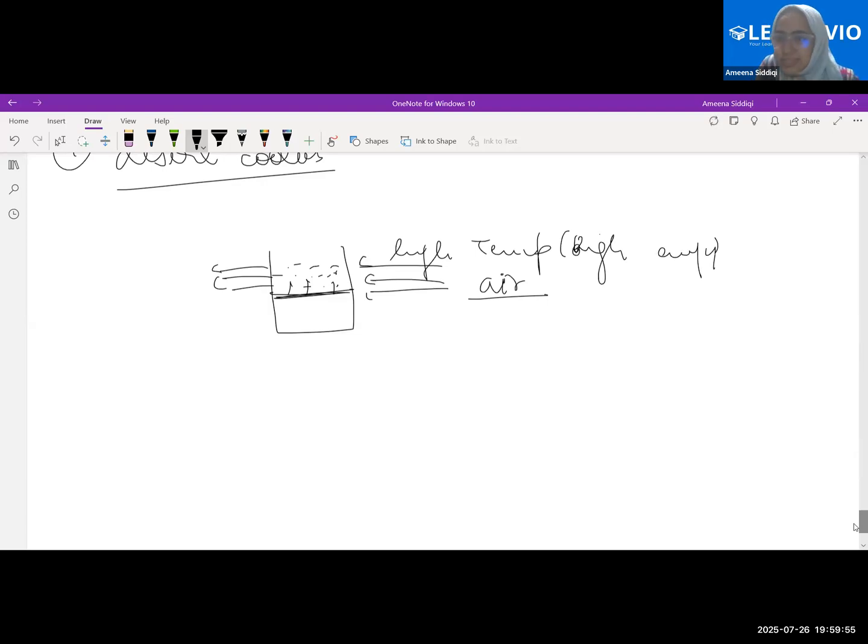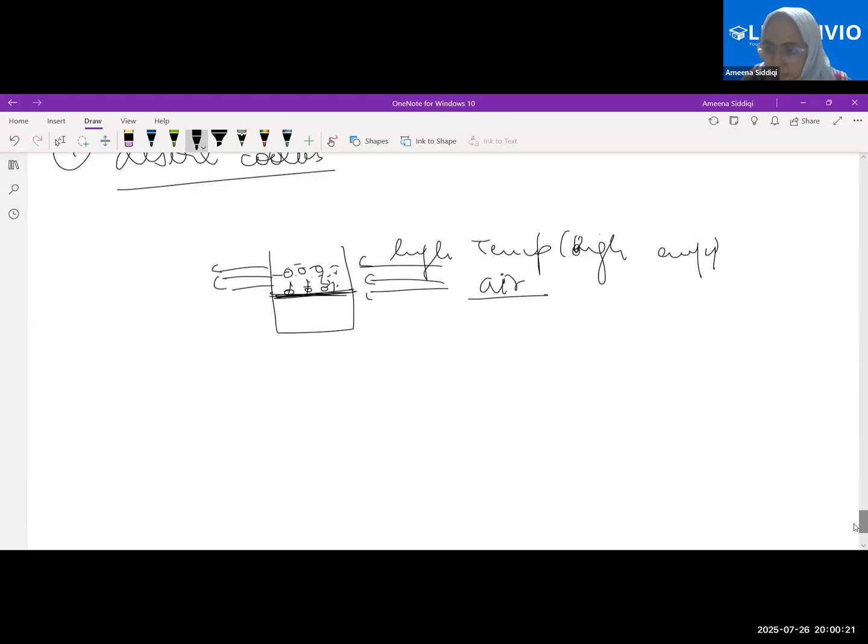Let's see. We have air here which is entering the cooler. It has high temperature, clearly high energy. As soon as it enters the cooler, we have water molecules here. The surface water molecules will be able to interact with these air molecules. Remember from the last class that as soon as the interaction happens, there is an exchange of energy between the particles. So air molecules which have high energy will transfer that energy to the water molecules.